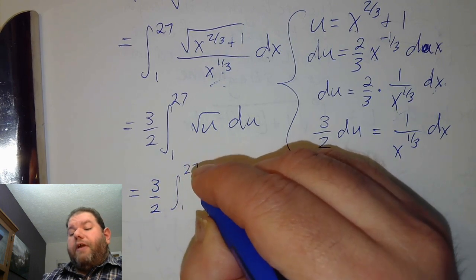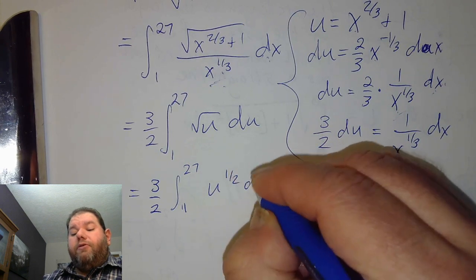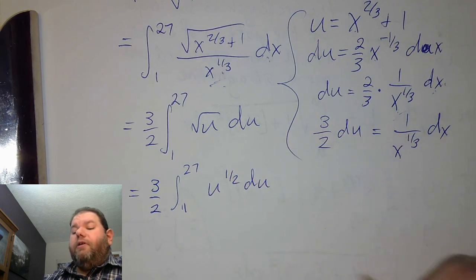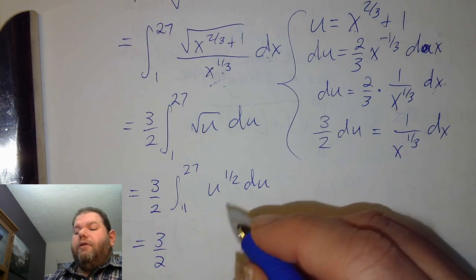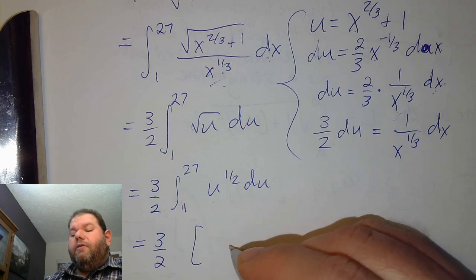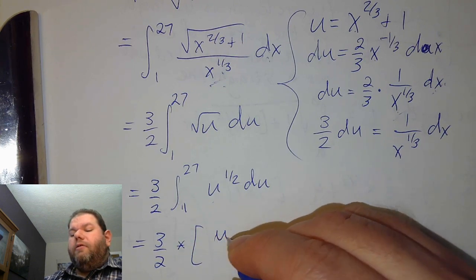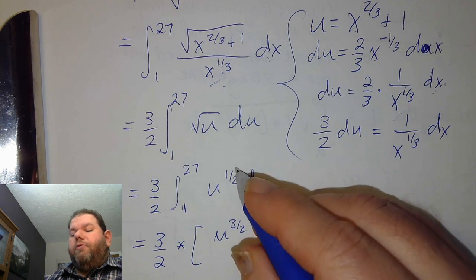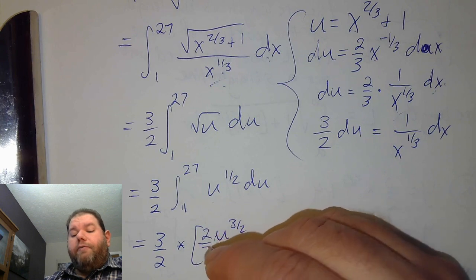Now, we know rather than integrating square root of u, we would prefer to integrate u to the 1/2. And so that would give us u to the 3/2, and we would divide by 3/2 or multiply by 2/3.